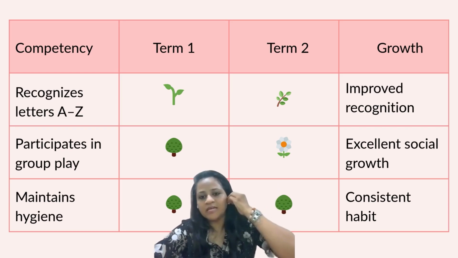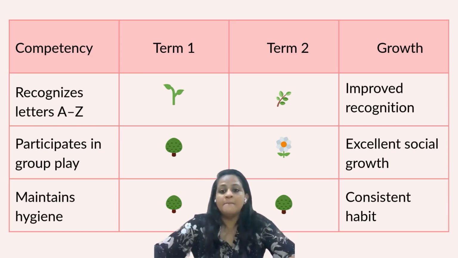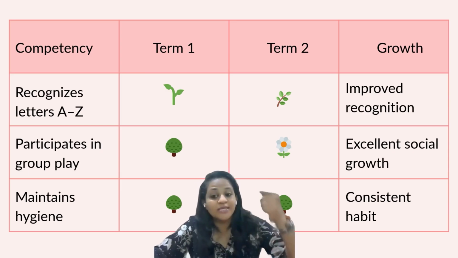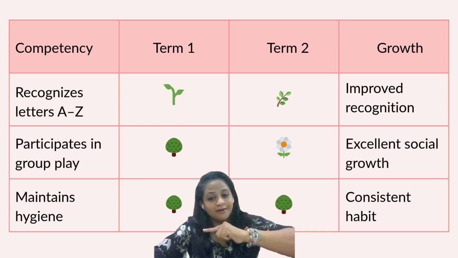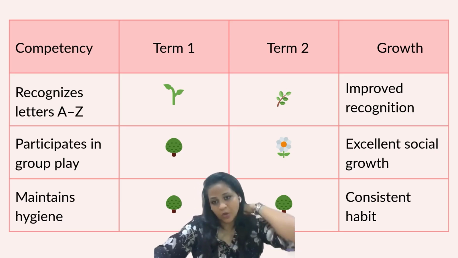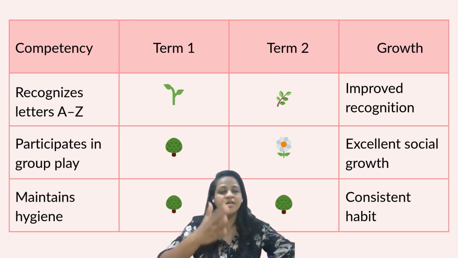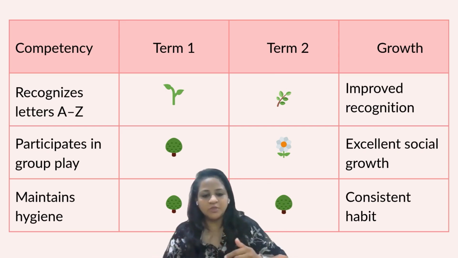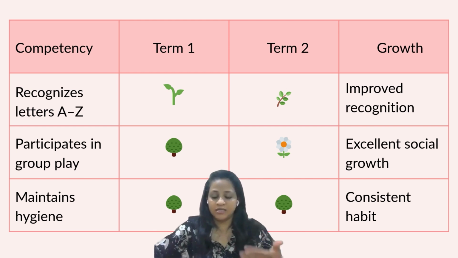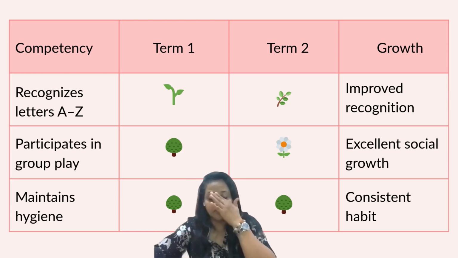So we have recognizing letters A to Z, participates in group play, maintains hygiene. You can see the different aspects are covered, so you can see the growth. For recognizing letters A to Z, in term one it was just emerging, and by term two they were developing, with improved recognition, the growth that was observed.